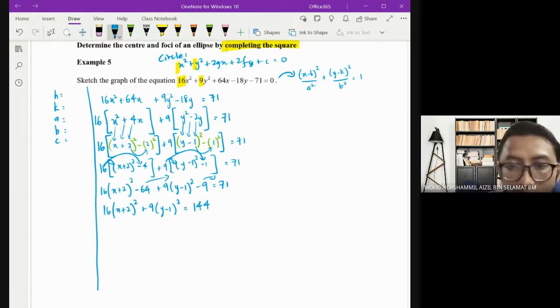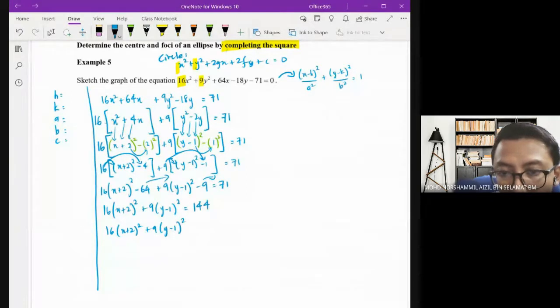Okay. So now, the next step is, as I told you before, your right hand side always need to be what? Belah kanan sentiasa apa? Formula dia. Always 1 kan? So always 1. So what does it mean?